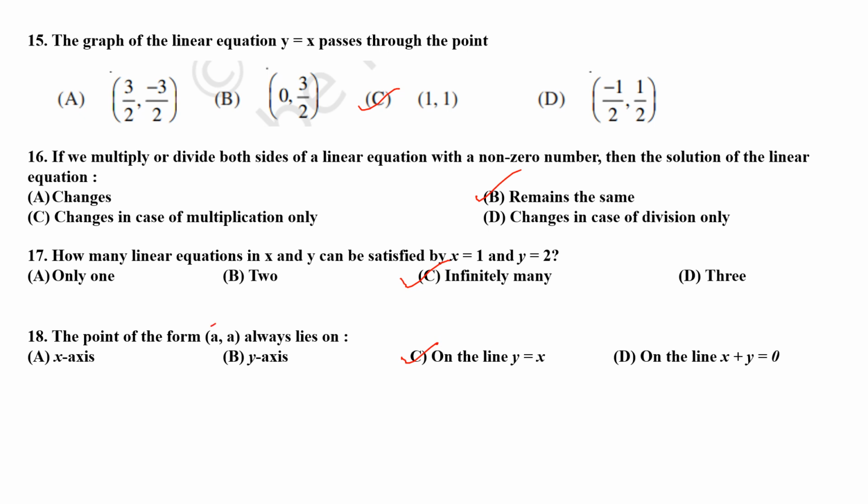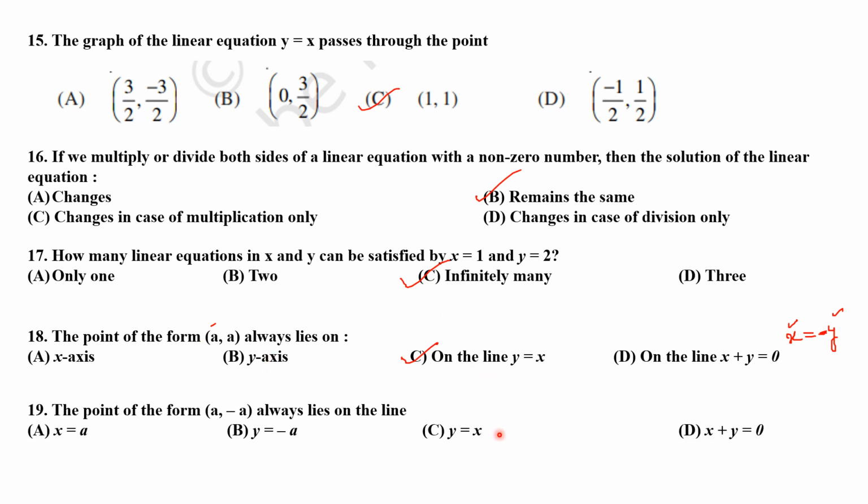But again here the x coordinate is given as a. And the last one, on the line x plus y equal to 0, it means x equal to minus y. So x and y both will be equal, but the sign will be opposite. But here, if you see the point which is given, both are the same, a and a. So the correct option is option C.